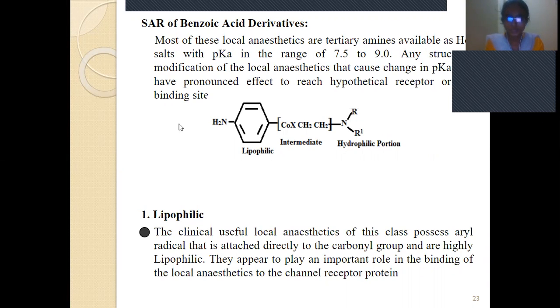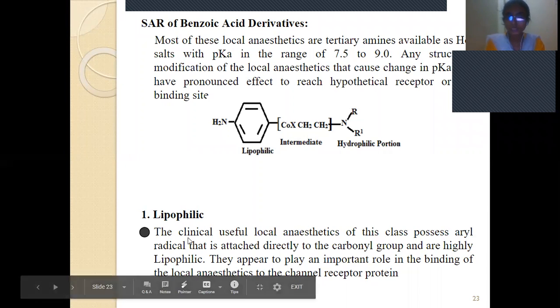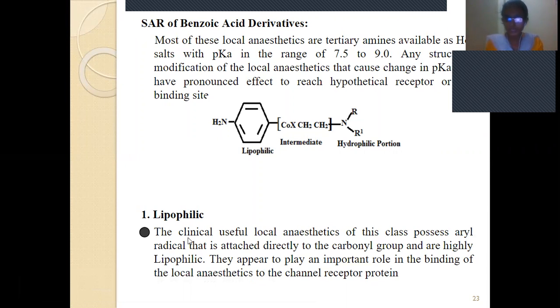In this, the first one is lipophilic. The drug is both lipophilic and hydrophilic in nature. Lipophilic means the substances easily dissolve in lipids, and hydrophilic means the substances easily dissolve in water. The clinically useful local anesthetics of this class possess an aryl radical attached directly to the carbonyl group, and it is highly lipophilic in nature.